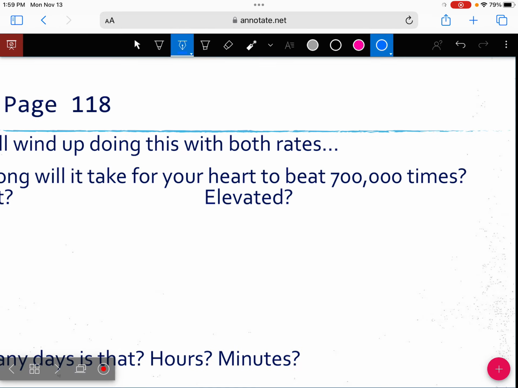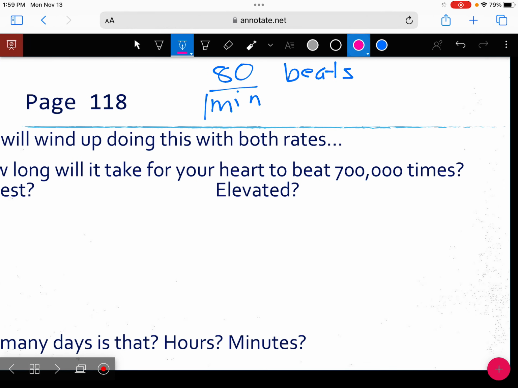So if my heart rate is 80 beats per minute, for 1 minute, and I want to know how long it takes it to beat 700,000 times, how can I figure that out? What's your instinct?